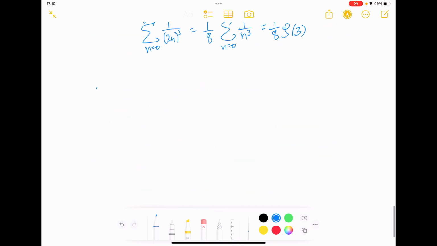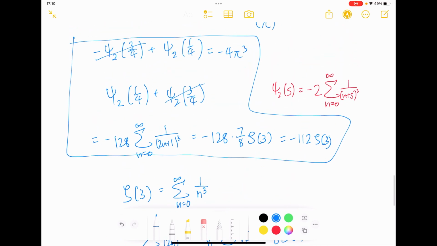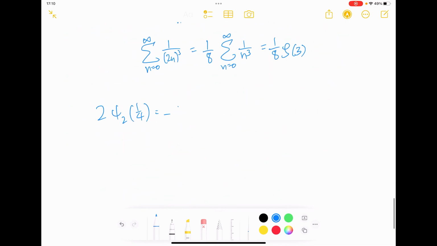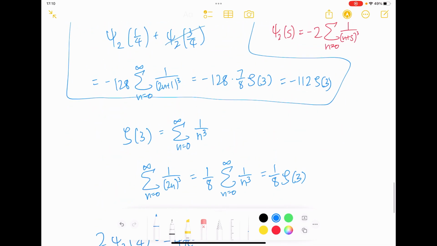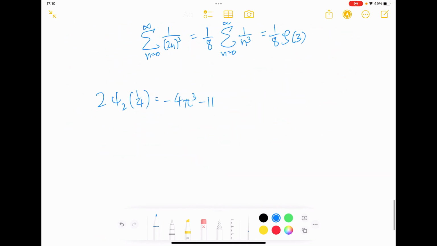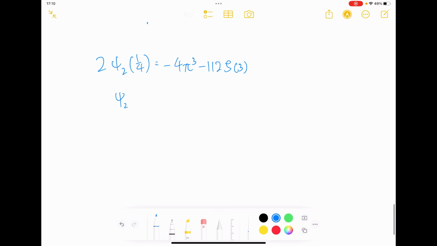So 2 psi 2 of a quarter is going to be equal to negative 4 pi cubed minus 112 zeta 3. Dividing by 2 on both sides, psi 2 of a quarter is negative 2 pi cubed minus 56 zeta 3. There we go. We've got all the polygamma functions we need evaluated at a quarter.